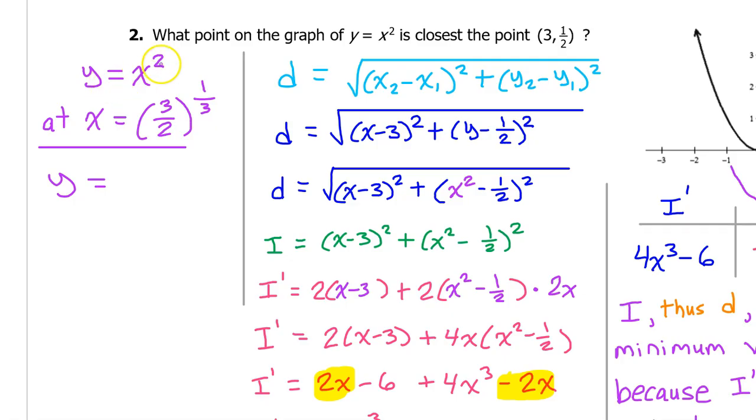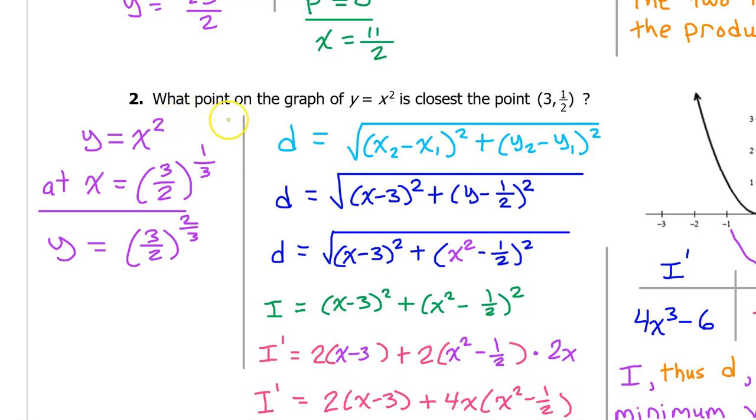Y is x squared, so to find the value of y, we just need to square this. When you raise a power to a power, you multiply. So we're going to have 3 over 2, but 1/3 times 2 is 2/3. So that is the y value that goes with this x value.